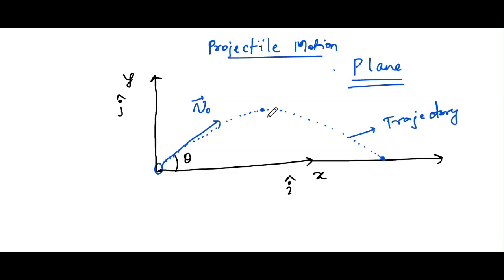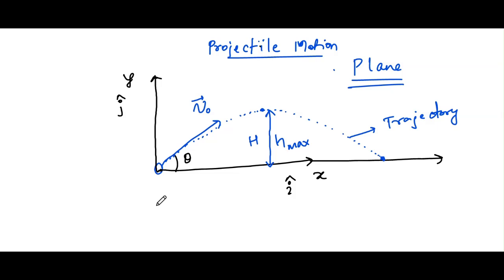And then we have a certain maximum height here, that is, the body is going vertically upward, and after reaching some maximum level, it will start descending from there, and that height up to where it goes is called maximum height. So let's say it is h max, or sometimes we denote it by capital H.